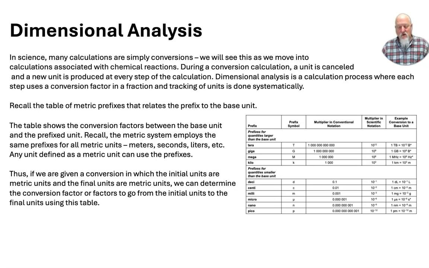For example, 1 terabyte, like in computers, is equal to 1 times 10 to the 12 bytes. So this is always how that unit relates to the base unit: 1 prefix unit is equal to this many base units.